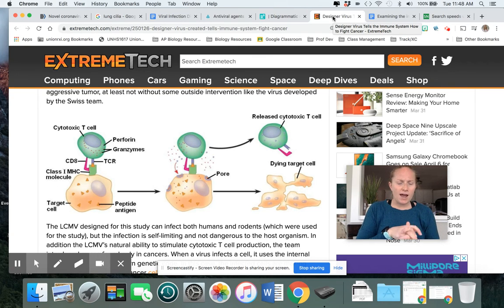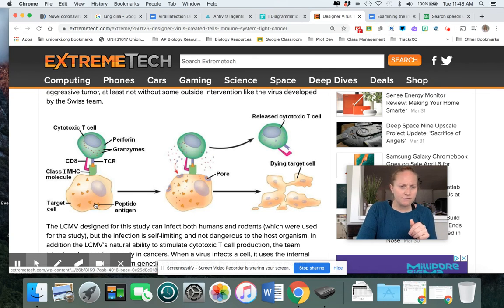So first, this is an infected cell now, okay? Infected cell, they're displaying that MHC molecule, and on the outside of that MHC molecule, they display exactly what's infecting them. So it says here, this is the outside of the coronavirus, for example. This is what's infecting me, help, okay?